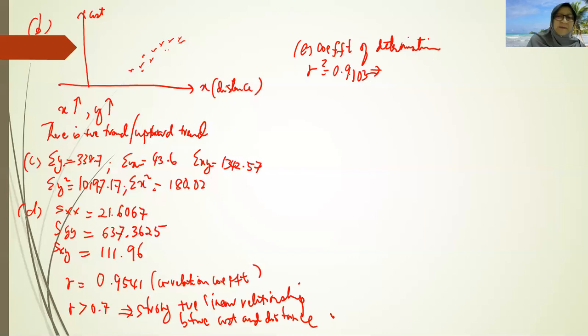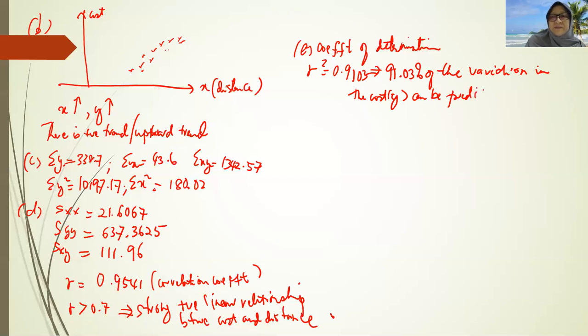You can interpret that by changing it to a percentage: 91.03% of the variation in the cost, that is Y, can be predicted by the distance of the fire station, which is X. That is how you interpret the coefficient of determination.